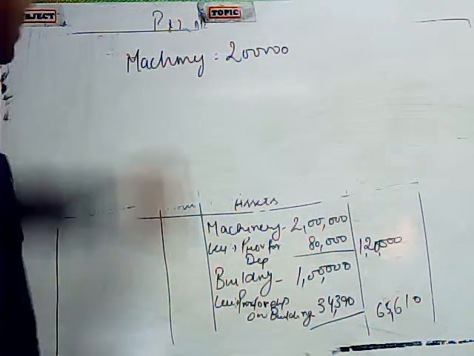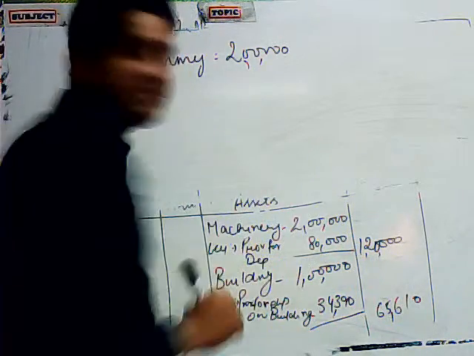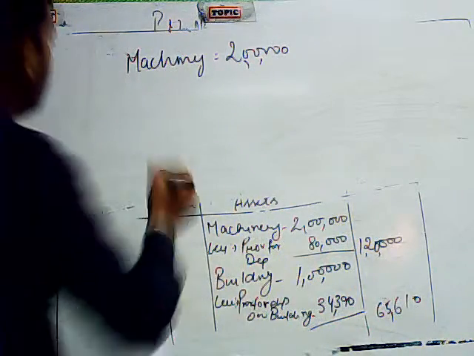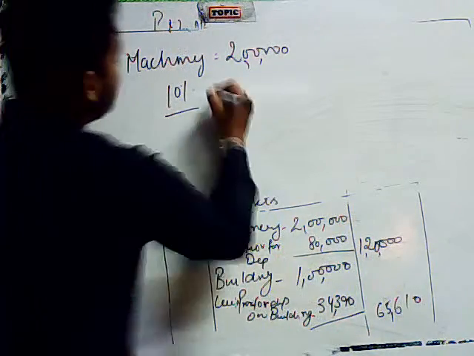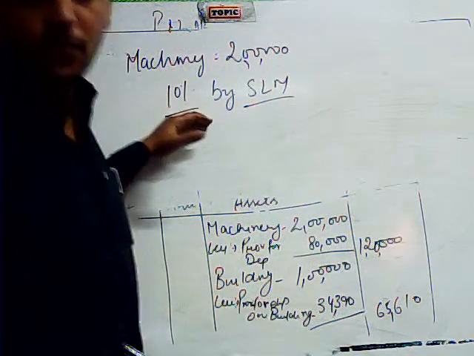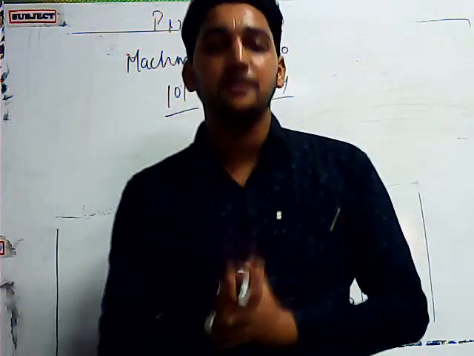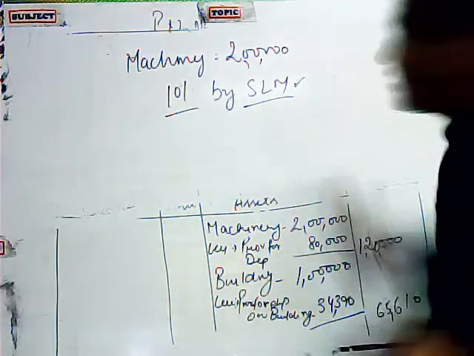At the time of purchase, we got the machinery at 2 lakh rupees. Clear? But we have to charge 10% depreciation by the straight line method, or original cost method. So we have the information that we have to charge 10% on machinery with the help of the straight line method.